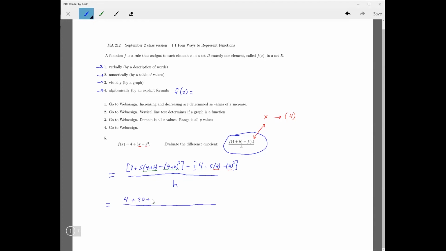Wait, I'm sorry. I know this is basically review with functions, but why is the minus x squared not... I'm trying to figure out how it got substituted the way that it did, like why it wasn't 4 plus h on minus 4 minus 5 times 4 plus h. I don't know, I think maybe I'm looking at this wrong.